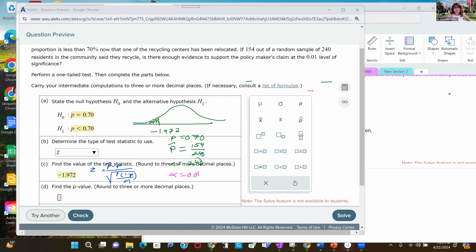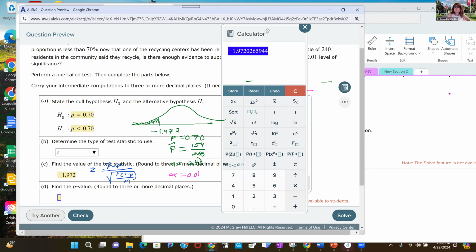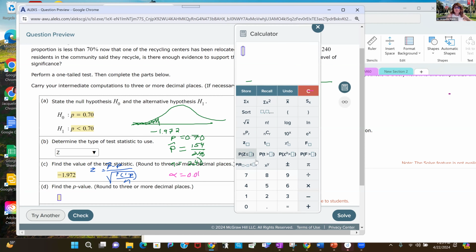Right, so we want this area. So that's the area to the left of negative 1.972. To three places, 0.024.